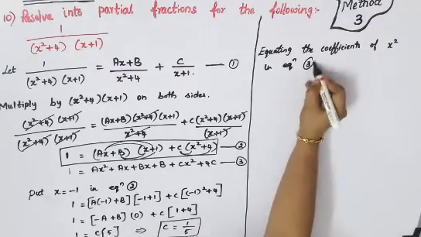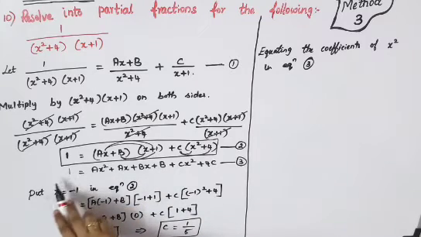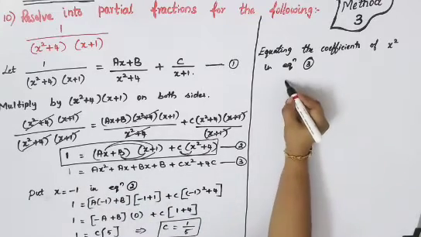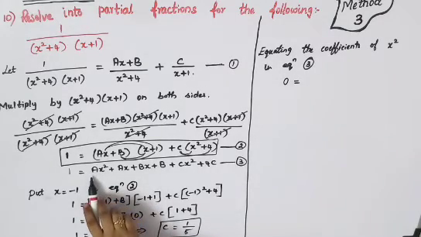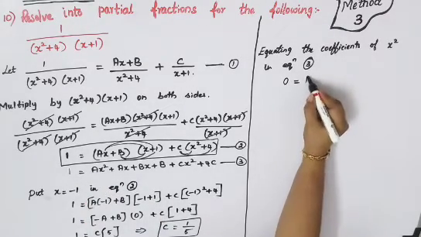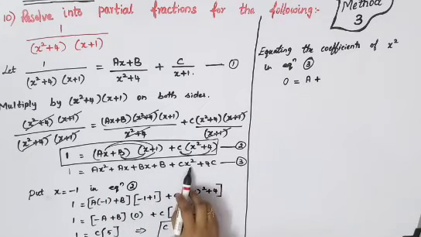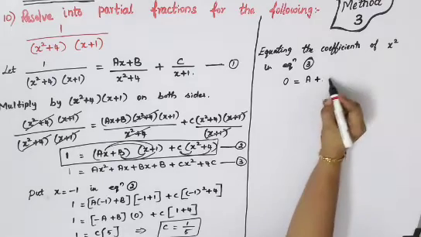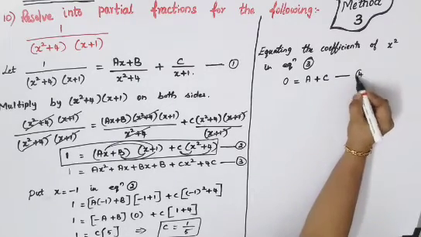Towards your left hand side, no x square terms are there, so you can give 0, which is equal to, here the coefficient of x square is a. So you can write a plus, and any other term with x square, the coefficient of x square is c. So plus c. We'll mark this as equation 4.